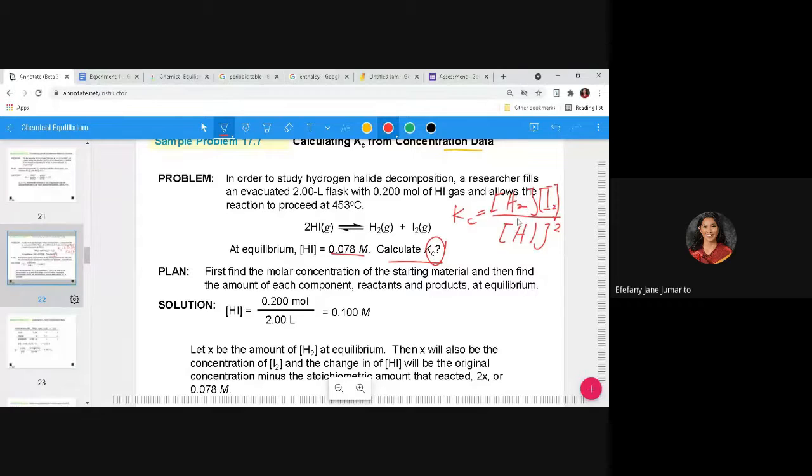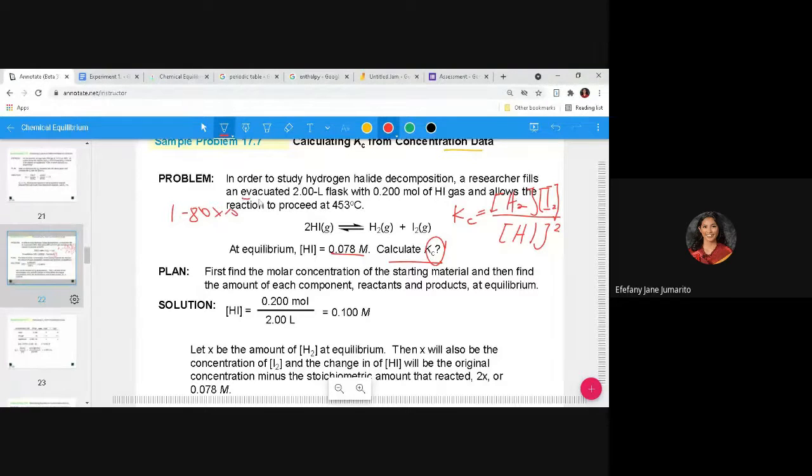Now, this is just an expression, just like a rate law expression. We also calculate the rate law because it has values. So now we are going to calculate Kc. Kc has a value.